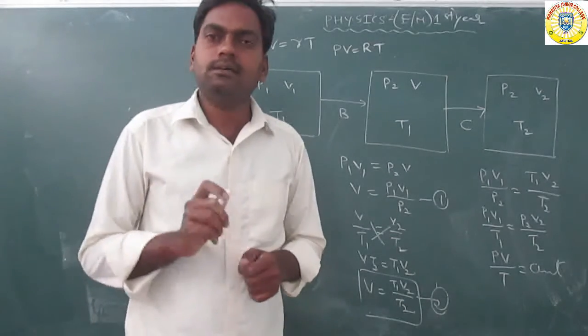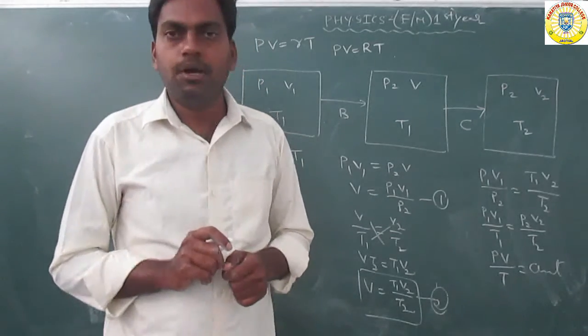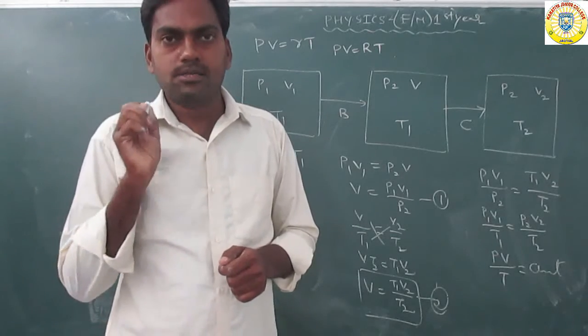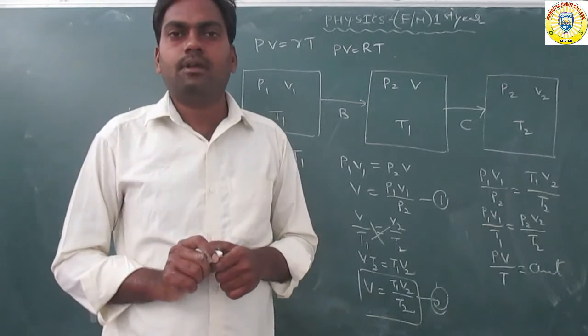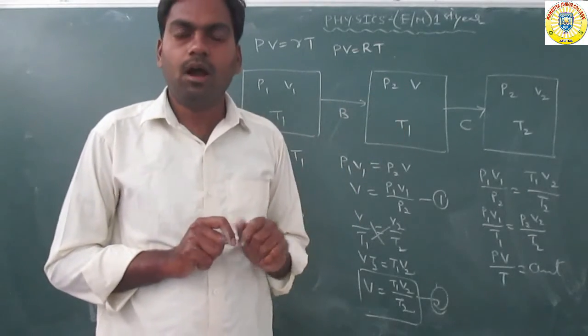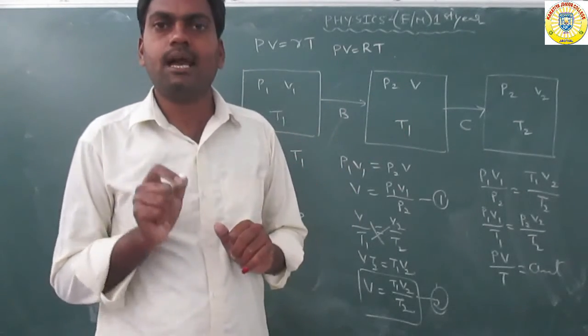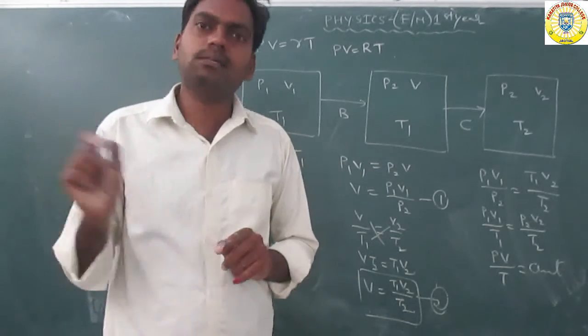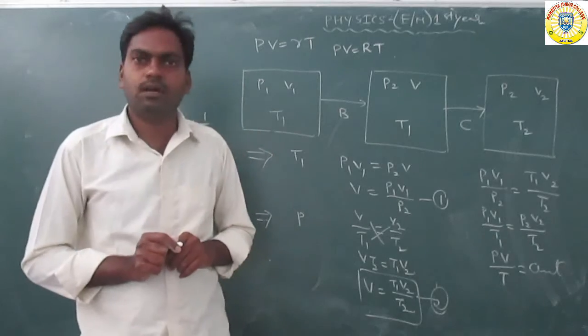PV is equal to RT is also called the ideal gas equation, where R is the universal gas constant, and its value is the same for all gases. Got it?